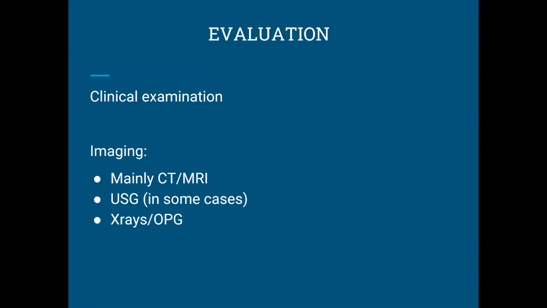Ultrasound will definitely help in some of the cases, where we can also look at the exact composition of the lesion and its relation with the adjacent structures. And lastly, we have X-rays and the OPGs depending on the particular disease.